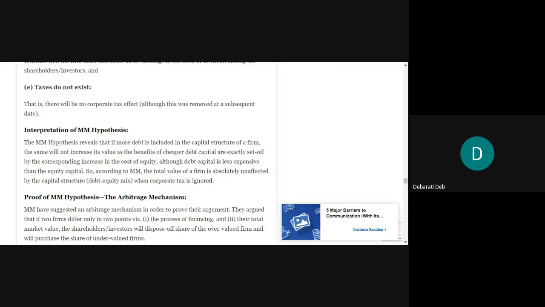The hypothesis firstly reveals that if more debt is included in the capital structure of a firm, this will not bring an increase in the value of the firm, because of the benefits of the cheaper debt. Debt is cheaper. You can have a loan at a lower rate of interest than the rate of dividend that you may have to pay to the equity investors.